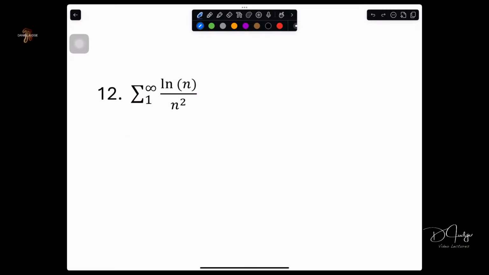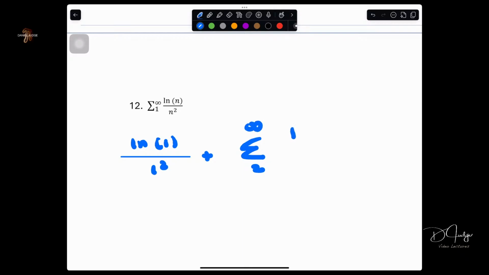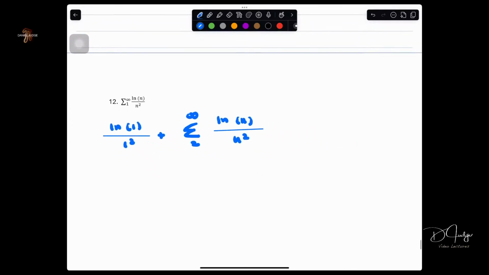This series, we have to say the first term, if n is 1, we get the natural log of 1 over 1 squared, plus the series starting at 2, which is going to be a decreasing series.